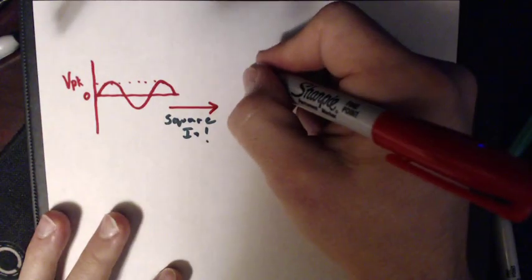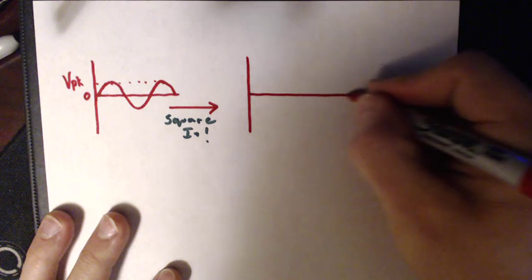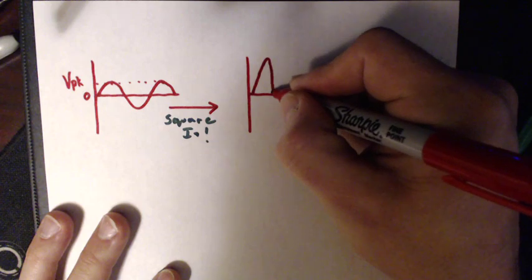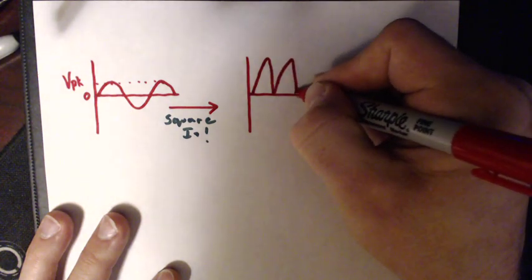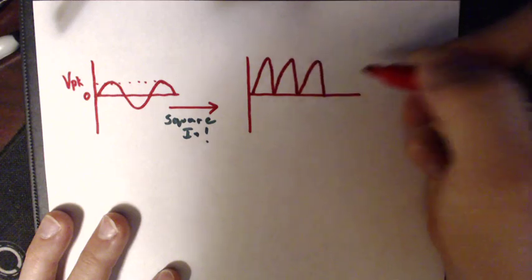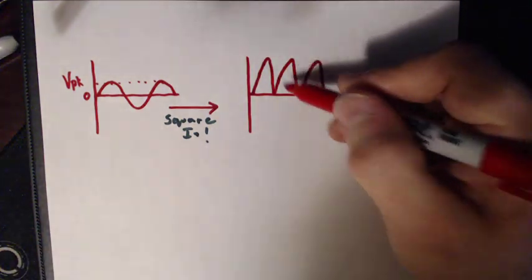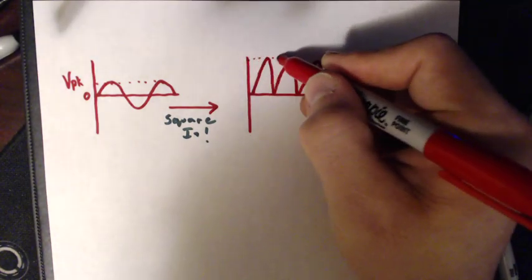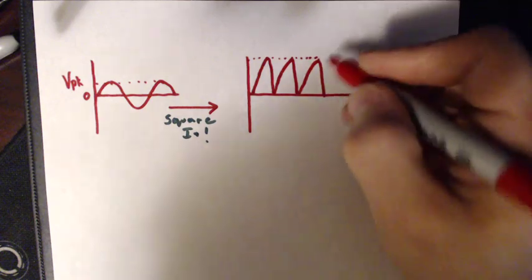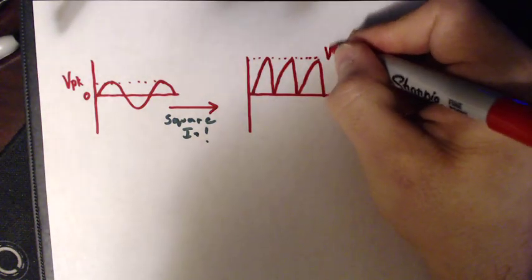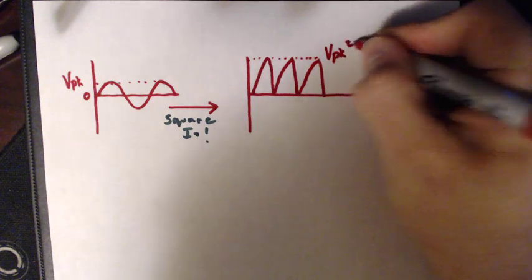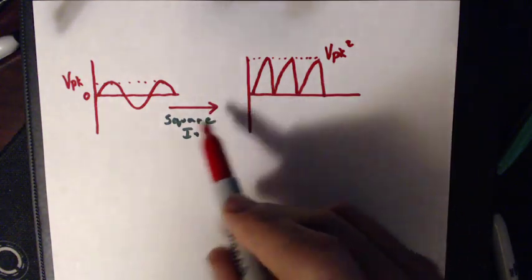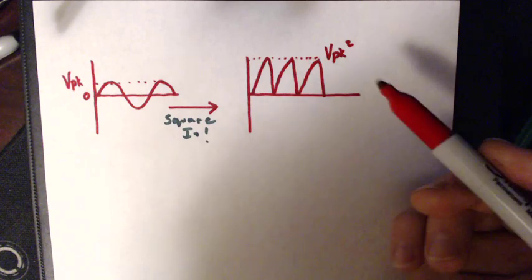Well, if we go ahead and square it, now our AC voltage is now all positive. And the peak value is now V peak squared. Okay? So we just squared it so that when we average this, we don't get 0.